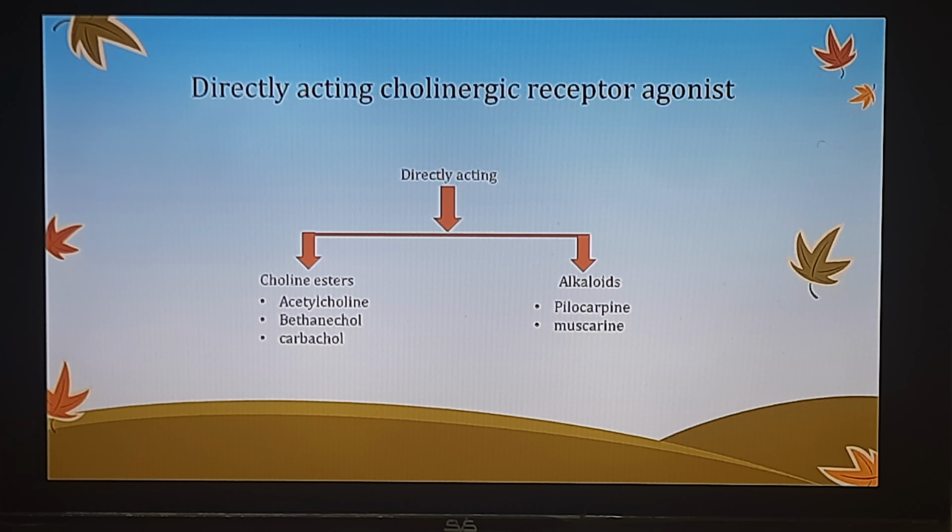In alkaloids, we have two important examples: the first is pilocarpine and the second is muscarine.